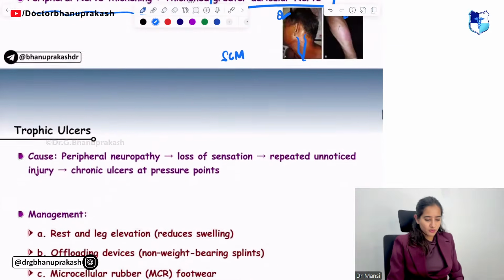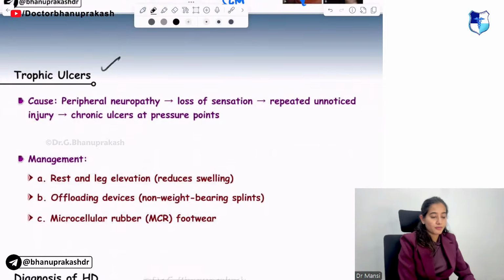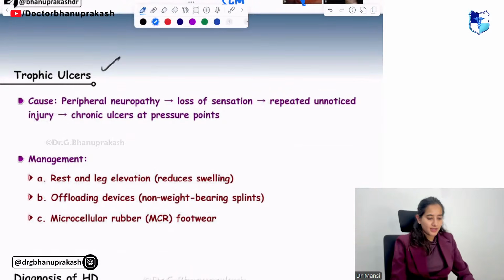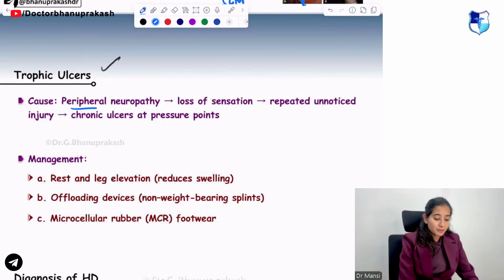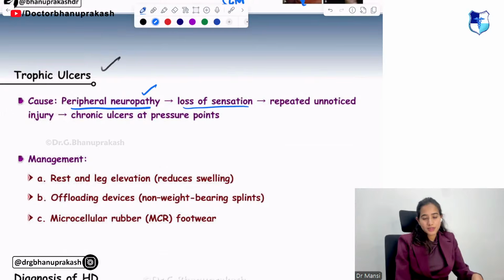Next, we move to the other finding, which is trophic ulcers. The trophic ulcers happen because of the peripheral neuropathy, and this peripheral neuropathy is going to cause loss of sensation.